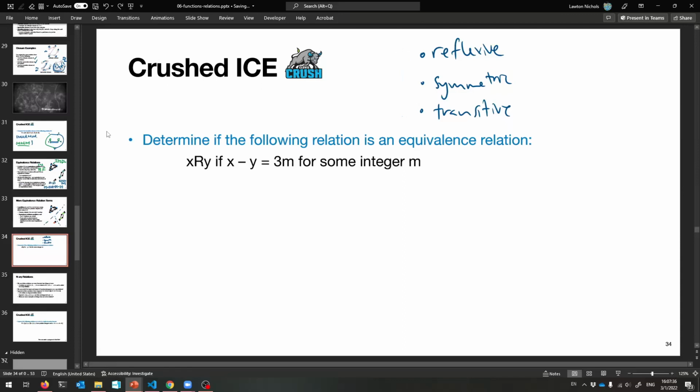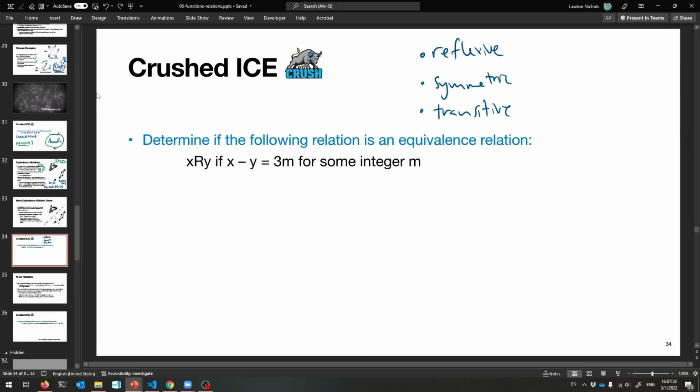So let's think about what things are in these equivalence classes, not assuming that it's an equivalence relation. What are some examples of things that are related to each other under this relation? Like x minus y is equal to some multiple of 3.